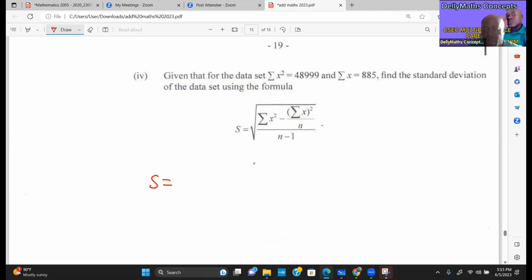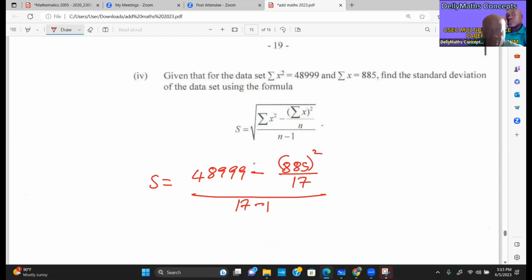The sum of x squared is 48,999. I'm going to minus the sum of x squared, which is 885, so we want to square this, and this must go over n. It was 17. And then all of this will now be divided by 17 minus 1. And then we're taking the square root of all of that.